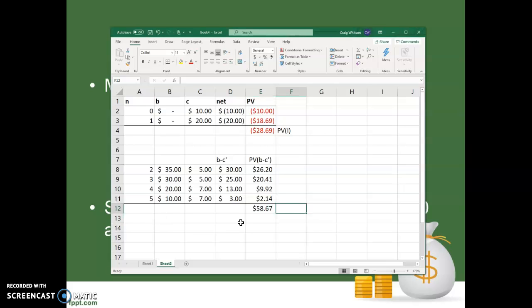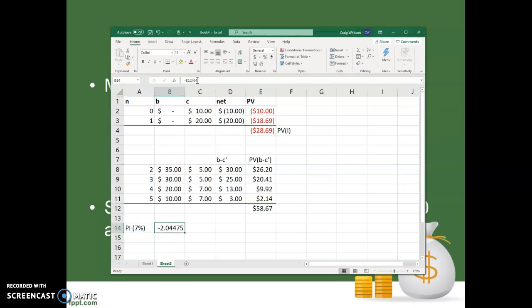Okay, and so in order to find the profitability index, PI, using a 7% rate, it is equal to the benefit minus cost on top divided by the present value of the investment on the bottom.